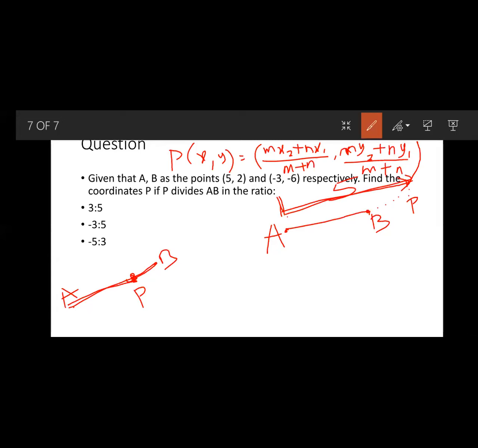But because it's also coming back, that's why it has a negative number. So this one will be -3. Or you write it as 3; the negative just indicates that it is coming back.